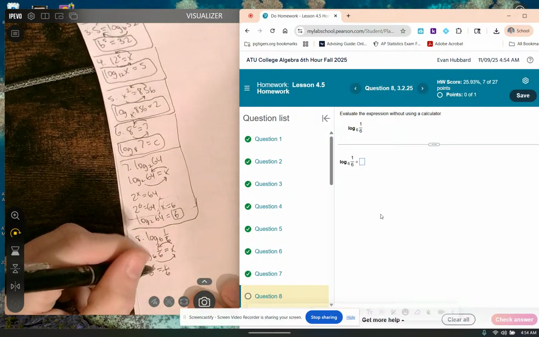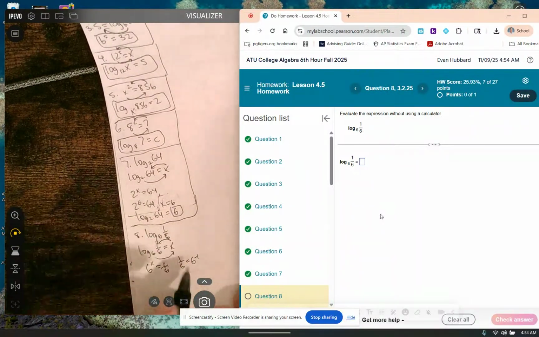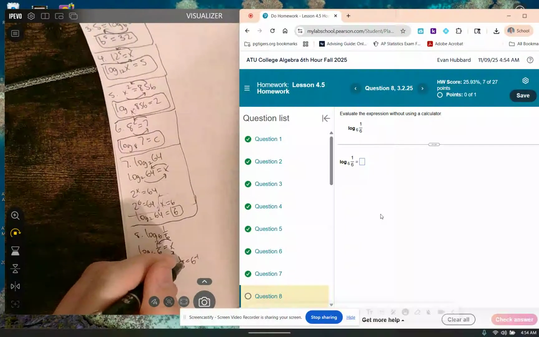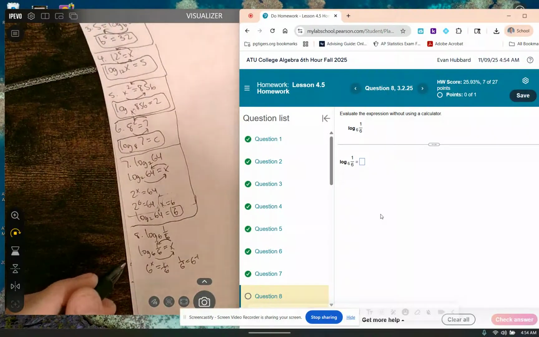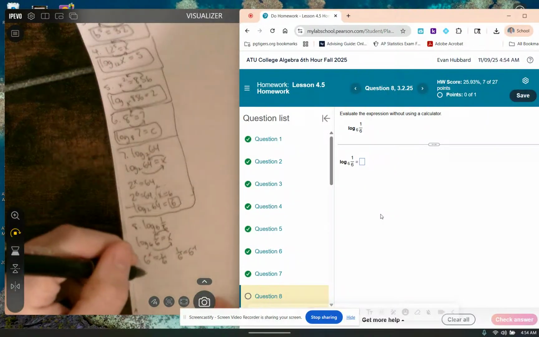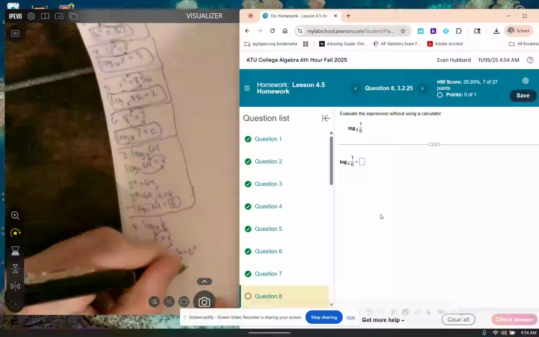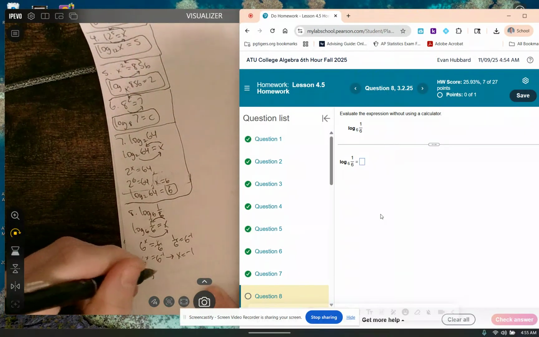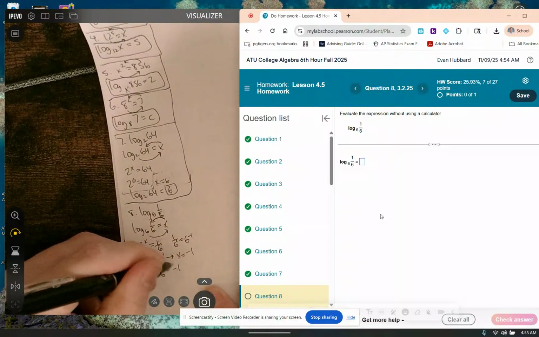Now we know that 1/6 is equal to 6 to the negative 1 power. If you have a value on the bottom, it's like 6 to the first. You can move it to the top by just changing the sign of the exponent. So 6 to the x equals 6 to the negative 1. So x equals negative 1. So log base 6 of 1/6 equals negative 1.